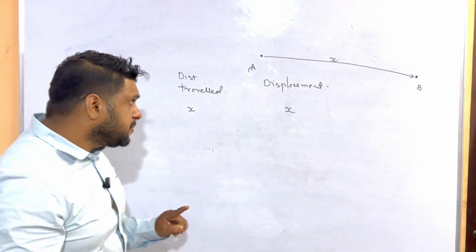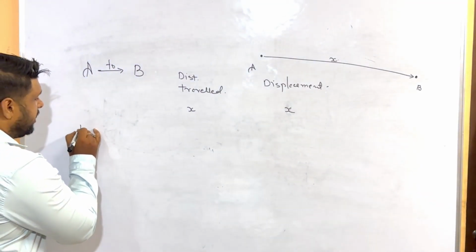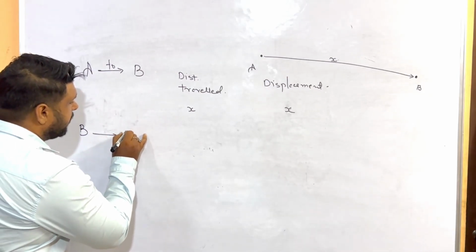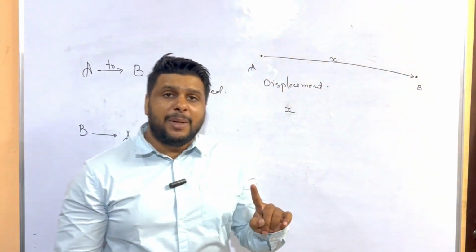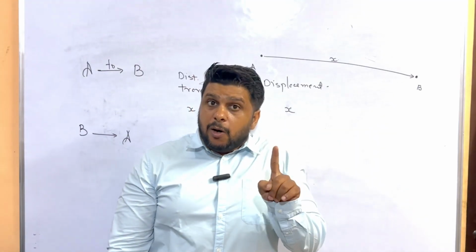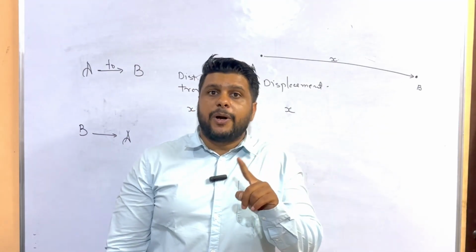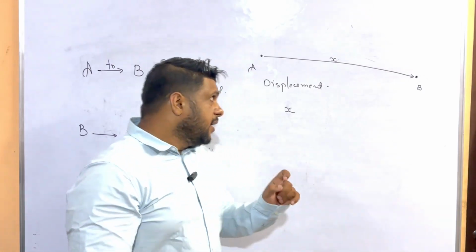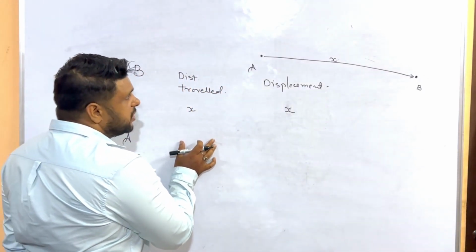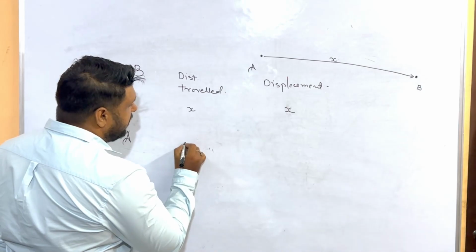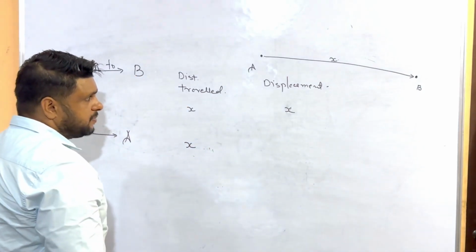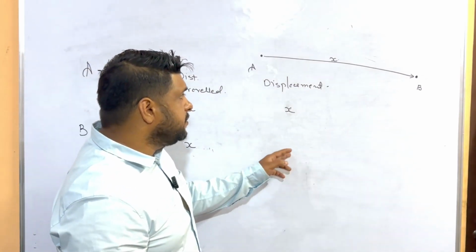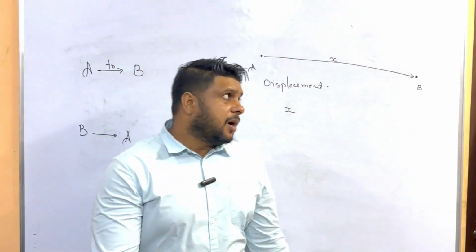Now if I say that it is coming from B to A, my initial point is B, final point is A. Here you will also say that distance traveled is x, but what about displacement?